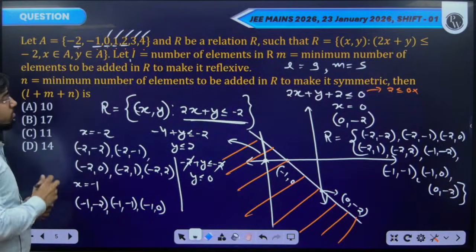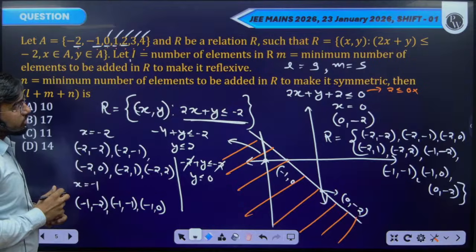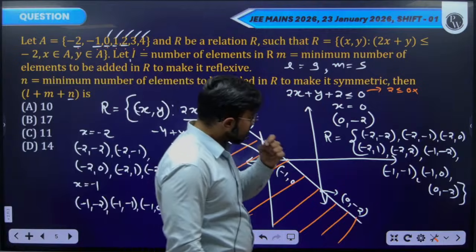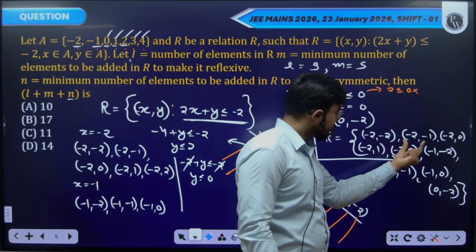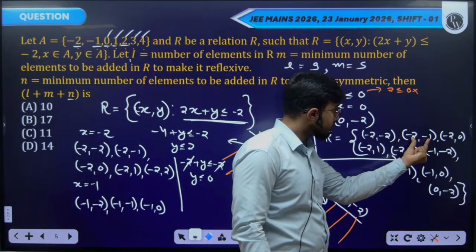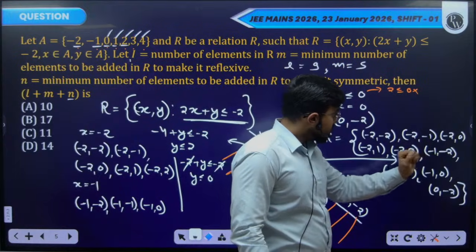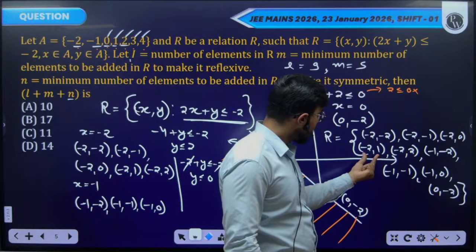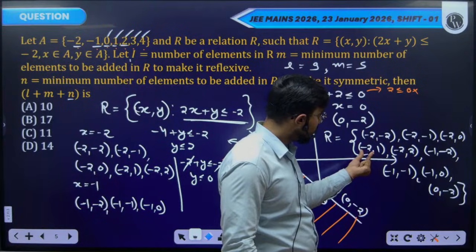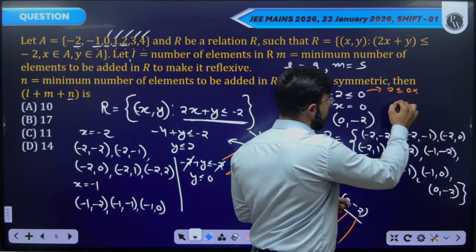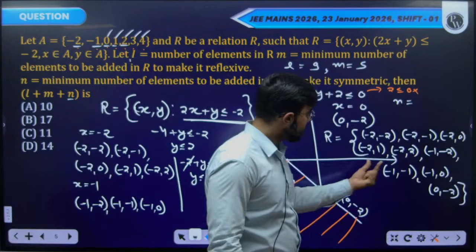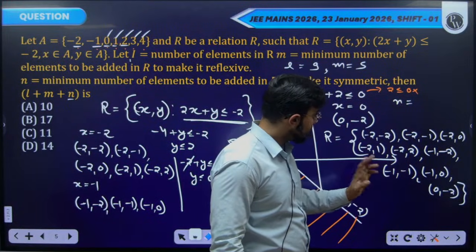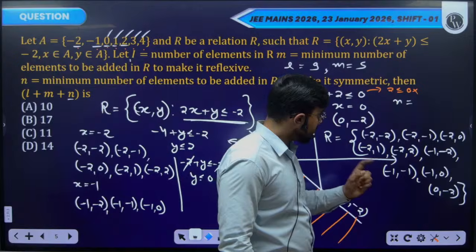Now n is the minimum number of elements required to be added in R to make it symmetric. So see this part: minus 2 comma minus 1, minus 1 comma minus 2 is there; minus 2 comma 0, 0 comma minus 2 is there; minus 2 comma 1, 1 comma minus 2 is not there, so one element is 1 comma minus 2; minus 2 comma 2, 2 comma minus 2 is not there, so two elements.